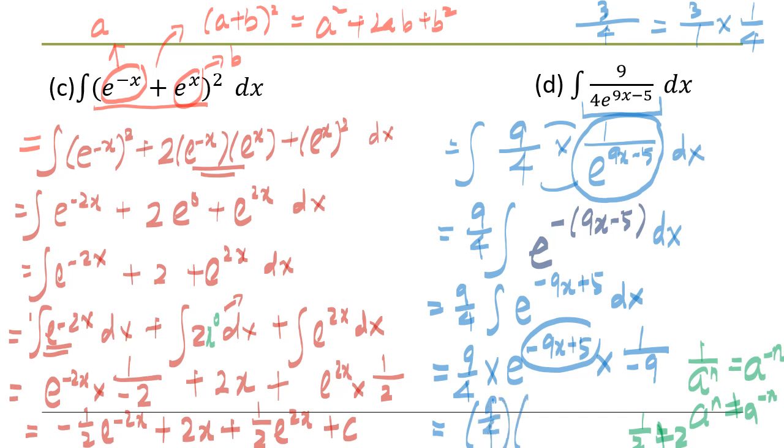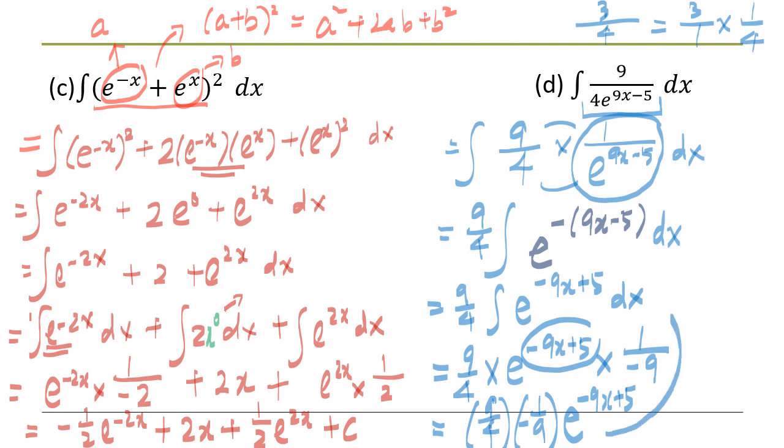Then 1 over negative 9 can be written as negative 1 over 9, just bracket it. Then e to the power of negative 9x plus 5. I think bracket is a very, very useful operation. It's easier for presentation when you use bracket, rather than use times, because you can't have times and minus two operations side by side.